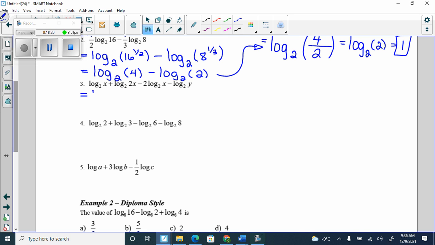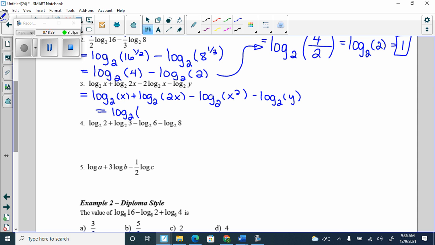We're going to go log base 2 of x plus log base 2 of 2x minus log base 2 of x squared minus log base 2 of y. And I can put them together. So I get log base 2. X goes in the numerator times 2x goes in the numerator.